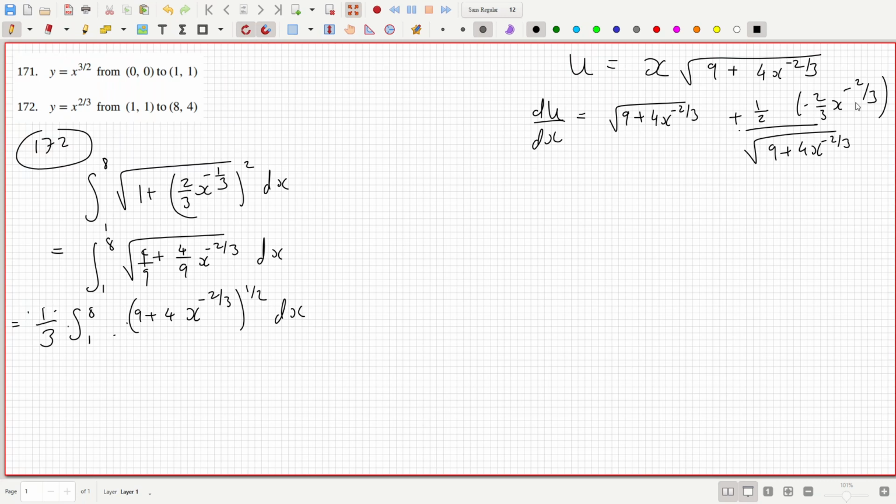What if we were to use another substitution? The halves cancel. What if we were to say v equals x over root 9 plus 4x to the power minus 2/3. So the derivative of the v, it's 1 over that root.